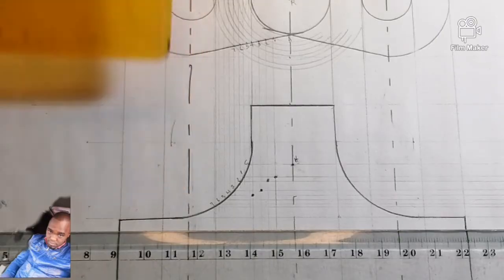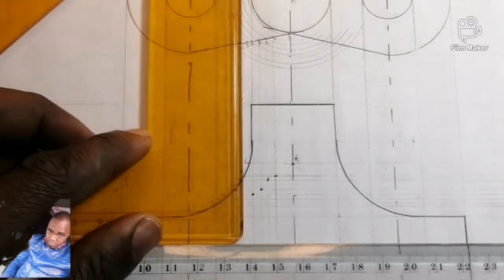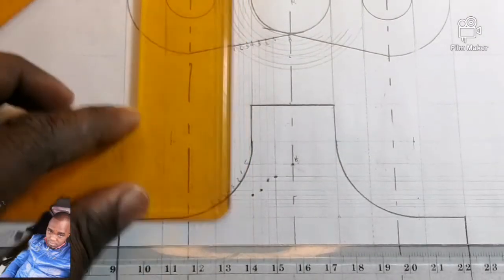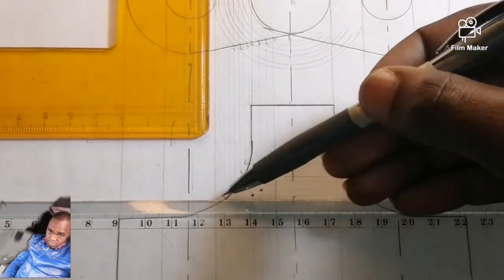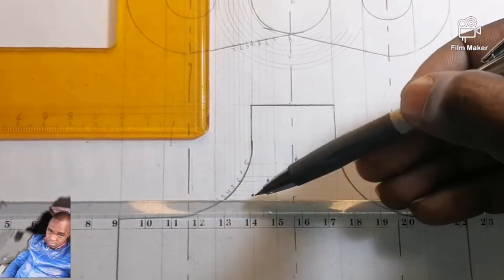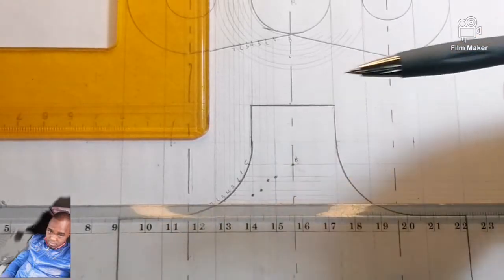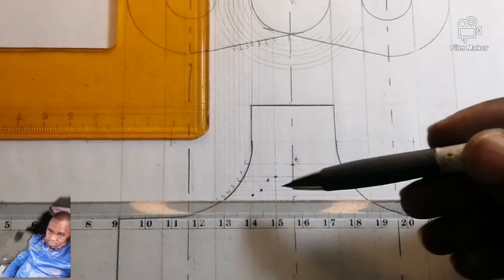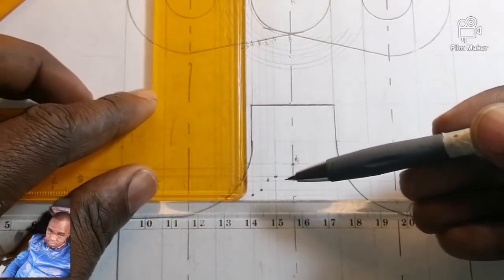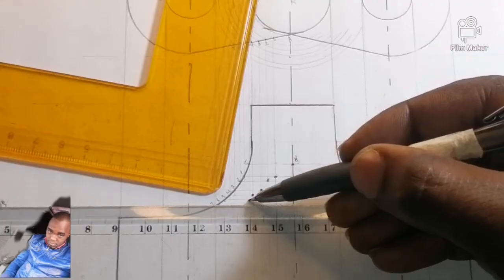So let's get point 5, which is this one, intersecting with this 5. 1, 2, 3, 4, 5, isn't it? You understand? Intersecting with this. There it goes. I've got a point 5 here.